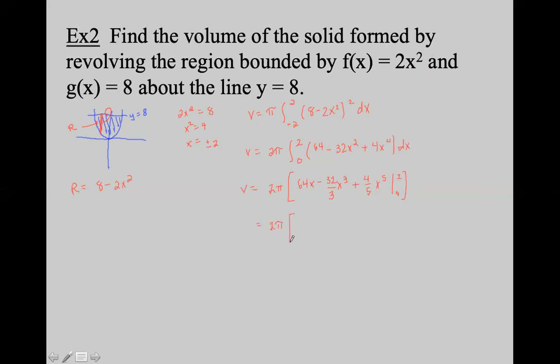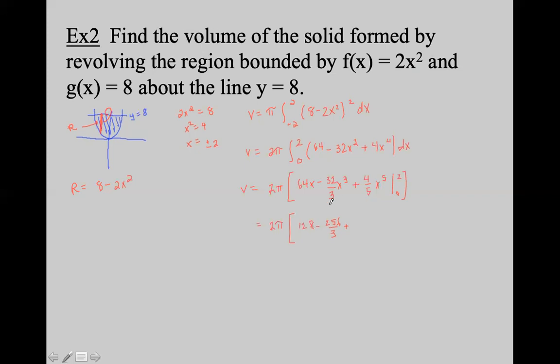And I've already done this math for you, to make your life a little easier. So 64 times 2, 128. This next one will be 256 thirds. And the last one is plus, wait, hold on here. I'm missing something.